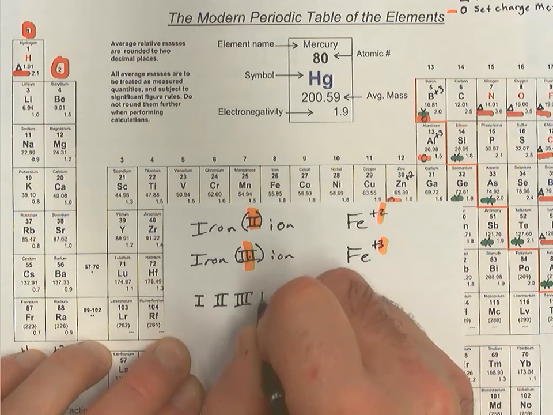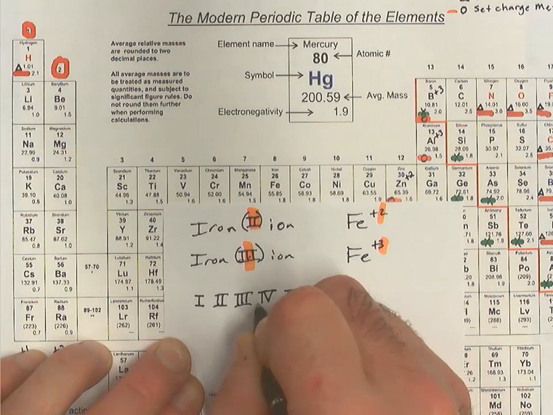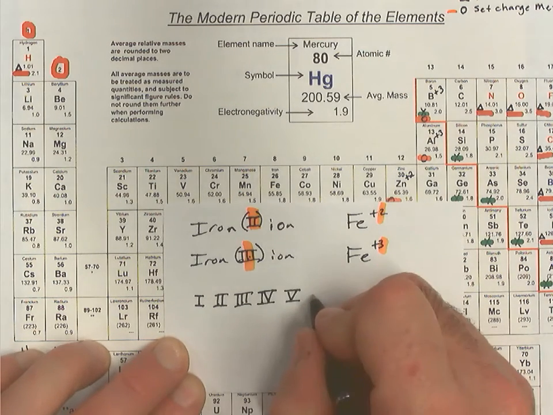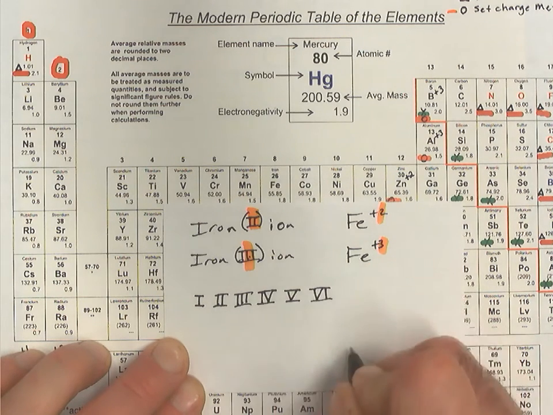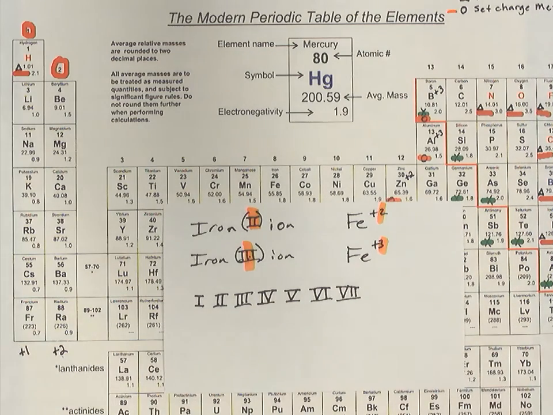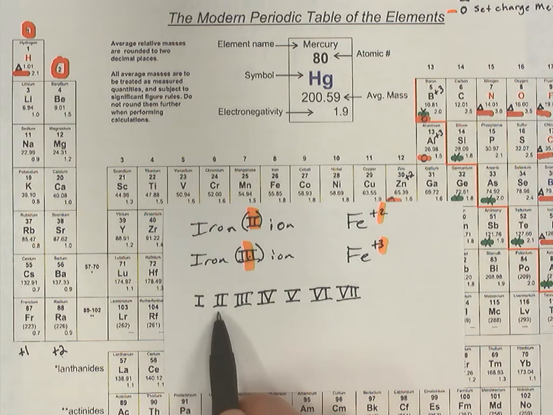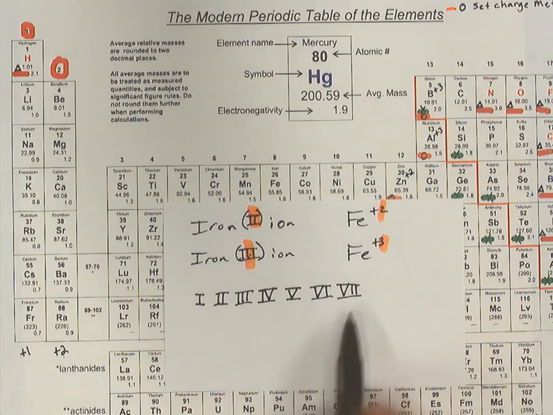So 1 before 5, IV is 4. 5 and 1 is 6. 5 and 2 is 7. And those are the only ones we need to know. I, 1, double I, 2, triple I, 3. IV is 4, V is 5, VI is 6, and V double I is 7. Okay?